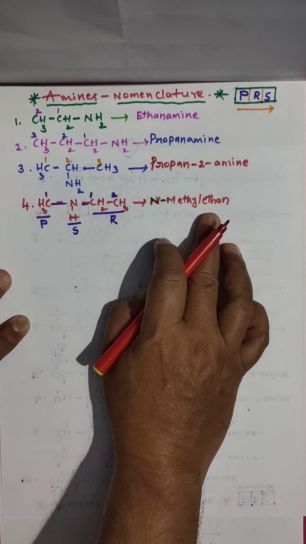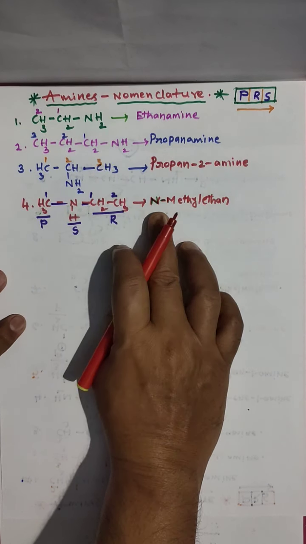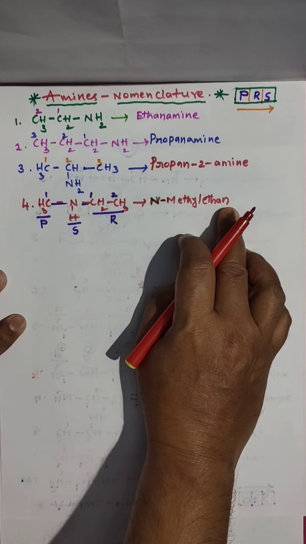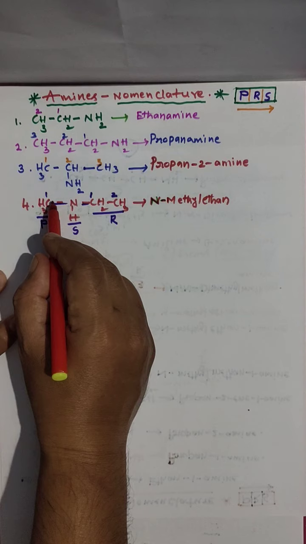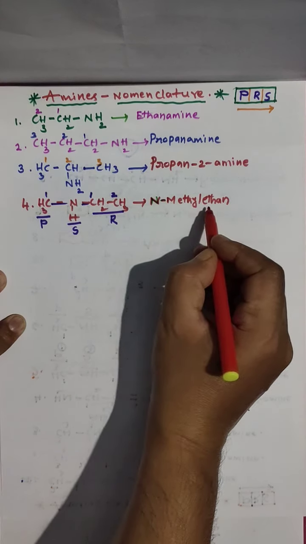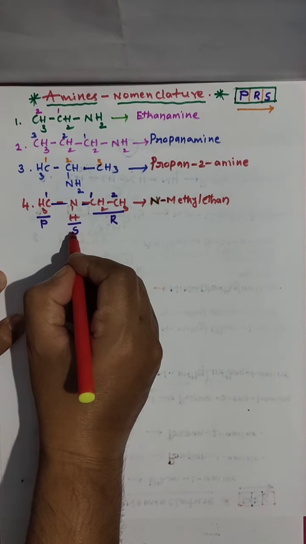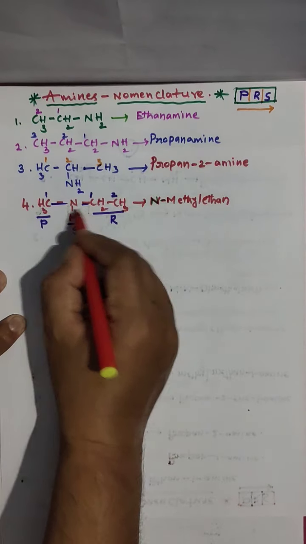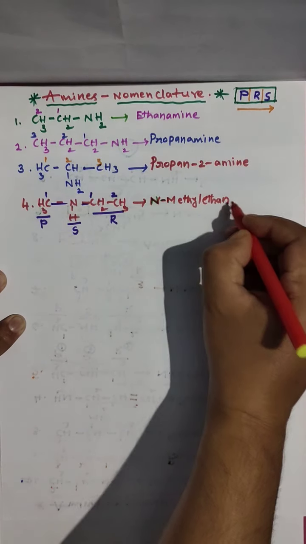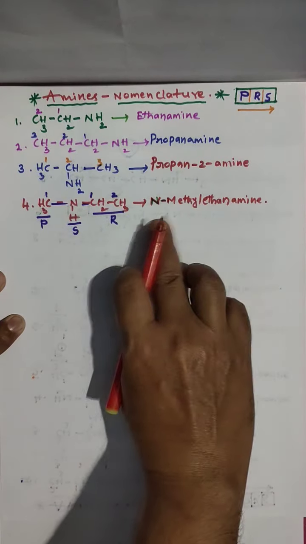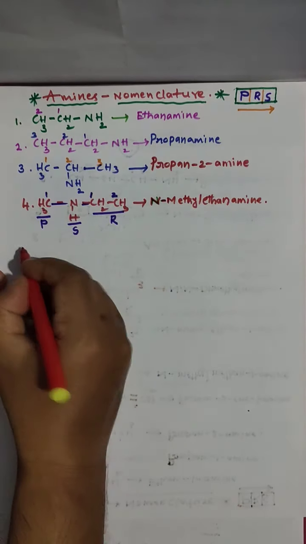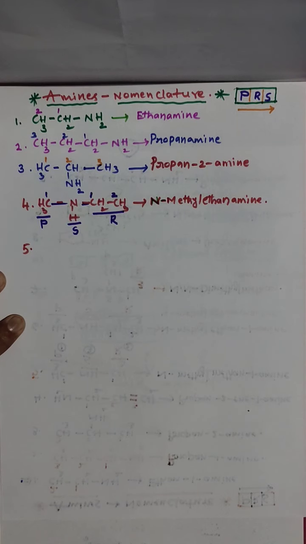Sorry, N-methyl is the prefix, ethane is the root word, next the suffix, amine. So N-methyl ethanamine.